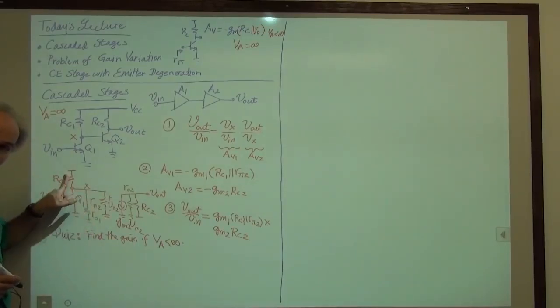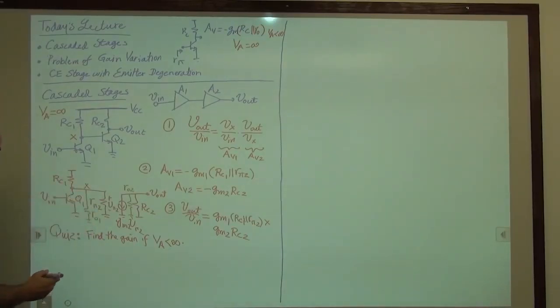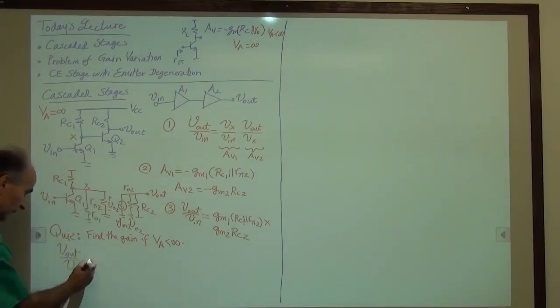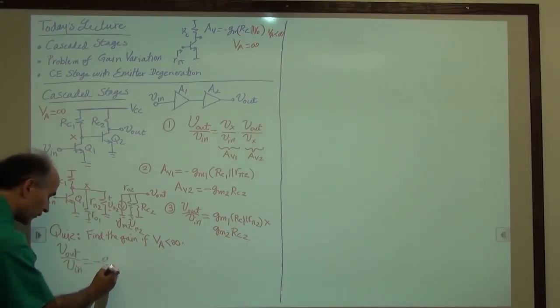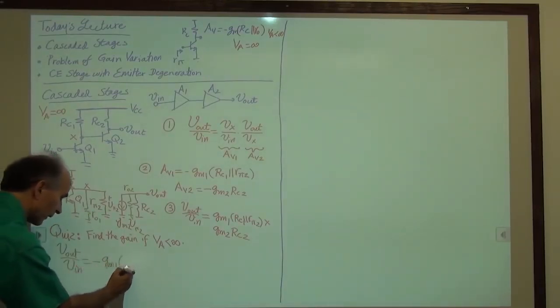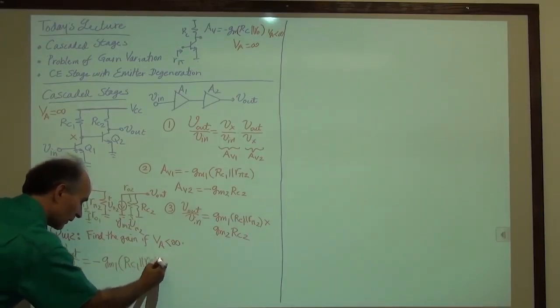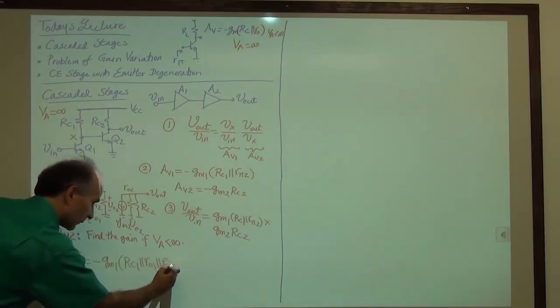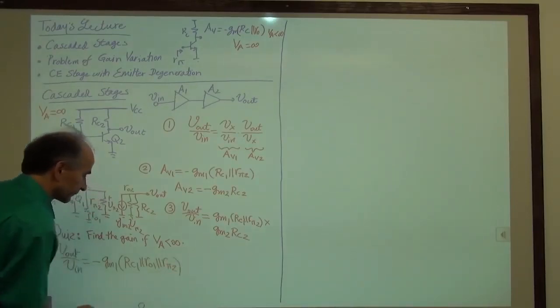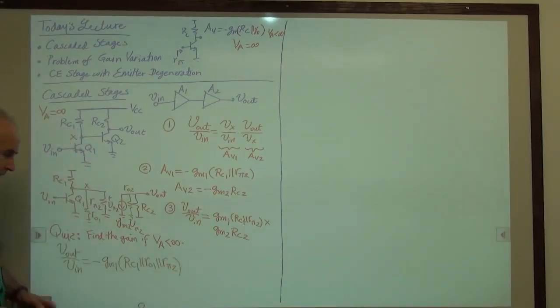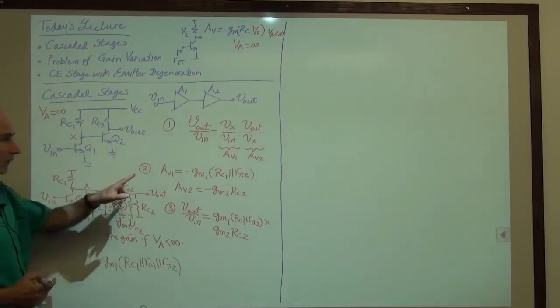They're all in parallel, you can see. So we can say that V out over V in is now equal to minus GM1 times RC1 in parallel with RO1 in parallel with RPi2. So that is the gain from V in to Vx, right? That's what we call AV1.